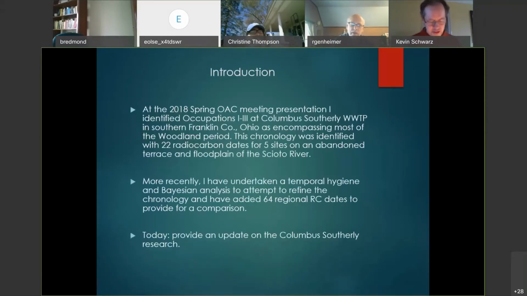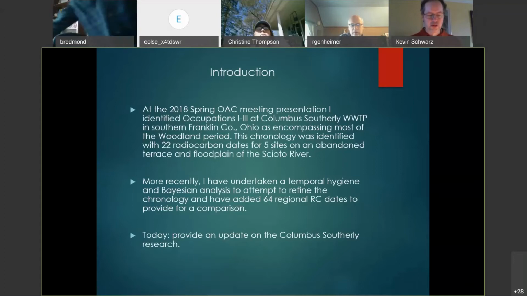At the 2018 spring OAC meeting, I identified occupations 1 through 3 at Columbus Southerly wastewater treatment plant in southern Franklin County, Ohio, as encompassing most of the Woodland period. The chronology was identified with 22 radiocarbon dates from 5 sites on an abandoned terrace and floodplain of the Scioto River.